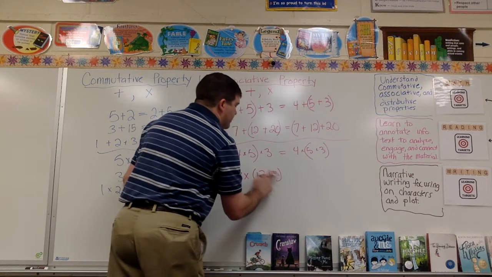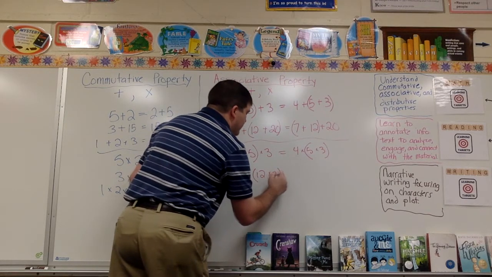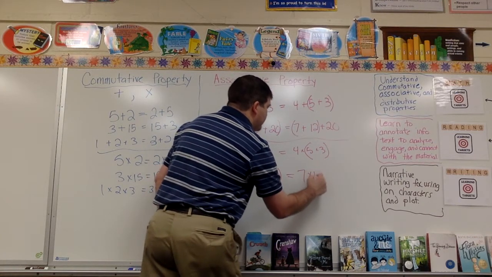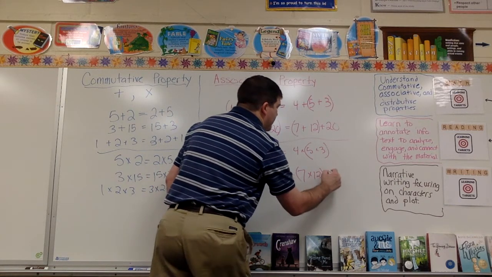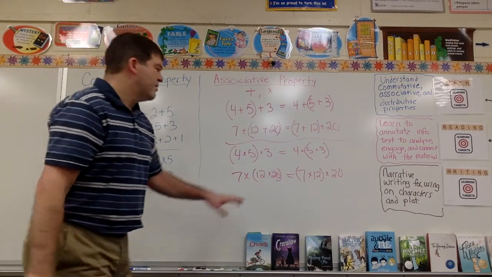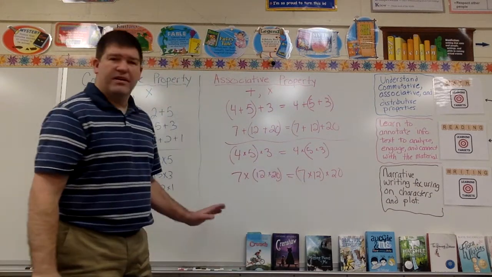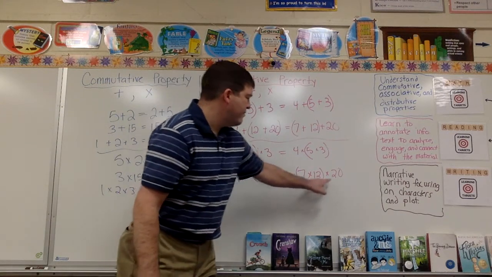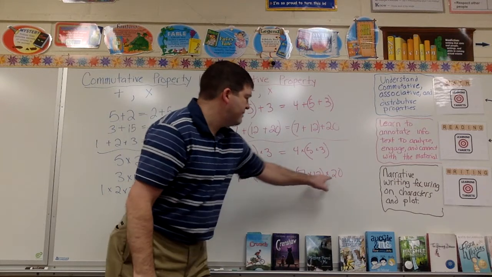Oh boy. Okay, let's do that over. There you go. Equals 7 times 12 times 20. With the parentheses, it almost looks like I have different numbers. But if you look closely, 7, 12, 20, 7, 12, 20, times, times.